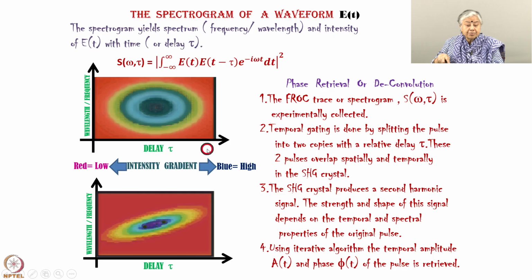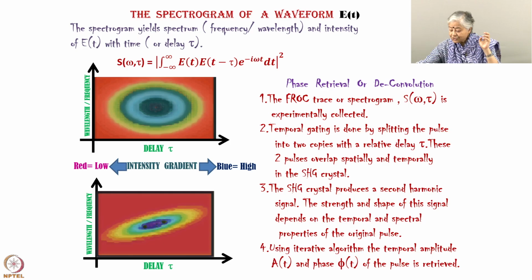Now, I have to do a phase retrieval program to get back the shape of the pulse. I will tell you what exactly is that phase retrieval part. It is called phase retrieval or deconvolution.